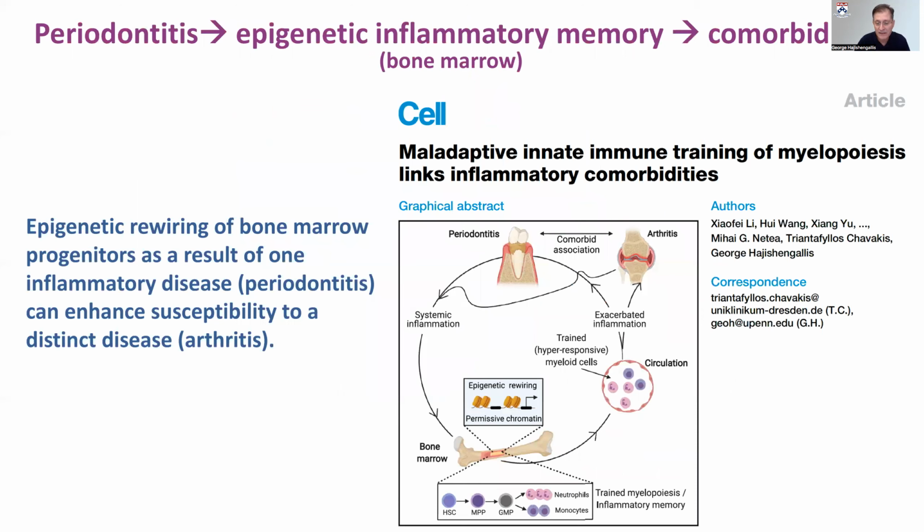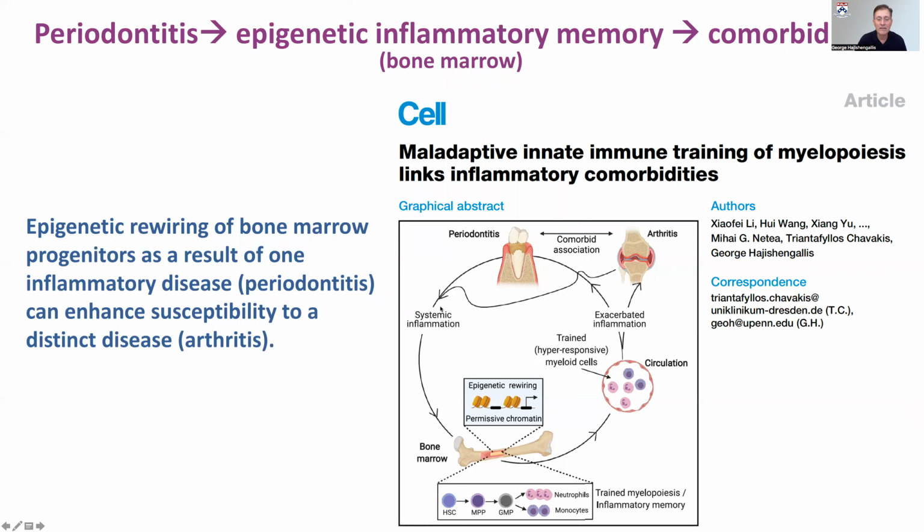Our lab has recently described a novel mechanism that can mechanistically explain the association of periodontal disease with comorbidities. In the model we used, we investigated the causal association between periodontal disease and arthritis.